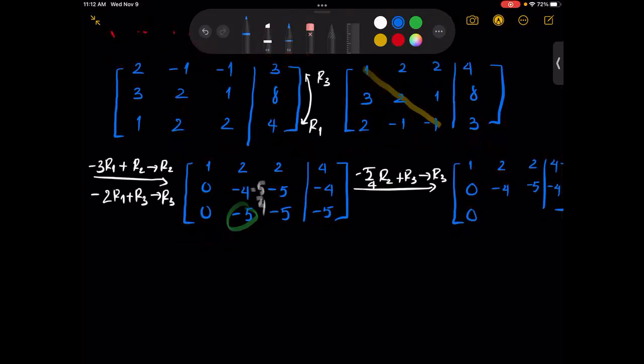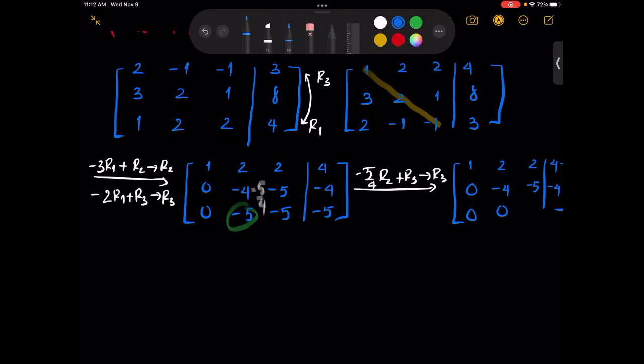All right, so that's going to be 0. We know that, right? What's negative 5 over 4 times negative 5, added to negative 5? Use your calculator. Make sure you use parentheses in everything.